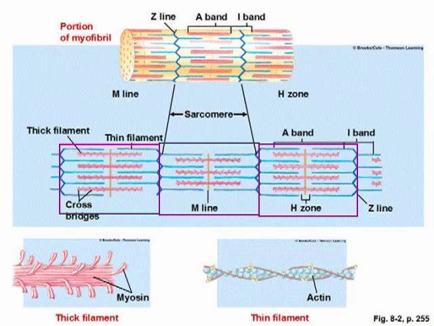Again, you can see the A band, which is both the thick and the thin myofilaments. That I band there is only thin myofilaments, and the H zone there is the thick myofilaments only. All right, so be familiar with this overall setup.